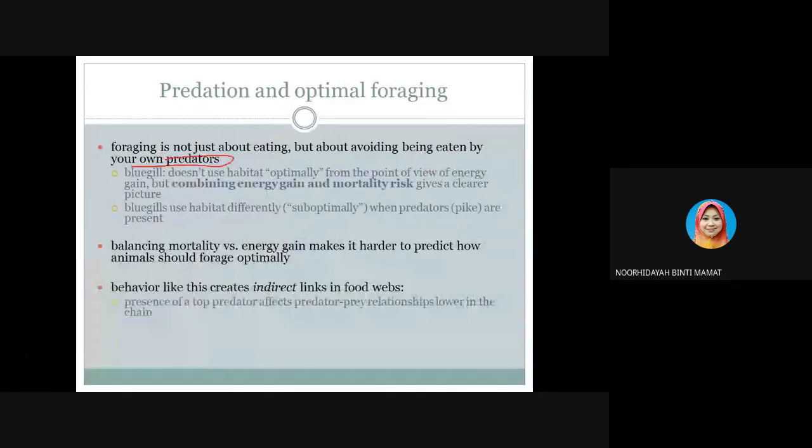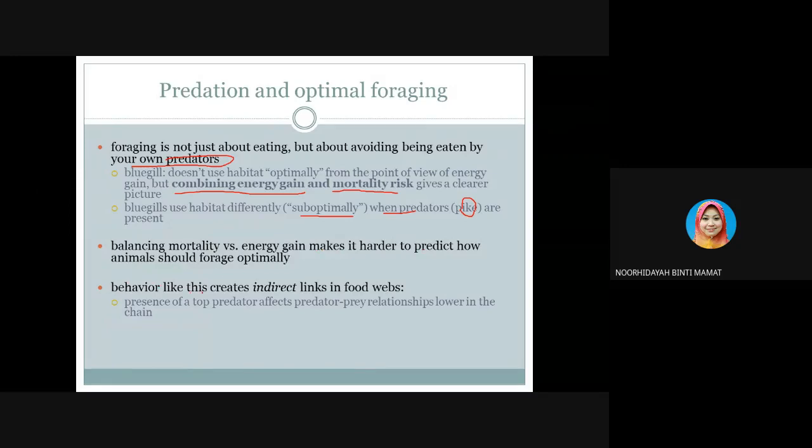For example, bluegills do not use the habitat optimally from the point of view of energy gain, but they combine energy gain with mortality risk. The bluegills use the habitat differently, suboptimally, when a predator is present. So balancing mortality versus energy gain makes it harder to predict how animals should forage optimally.